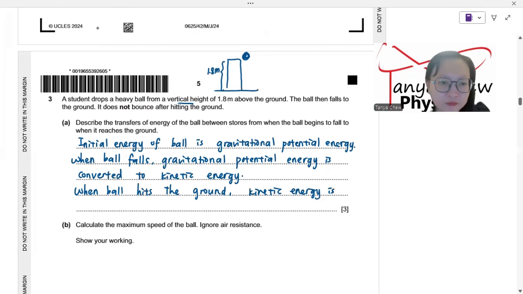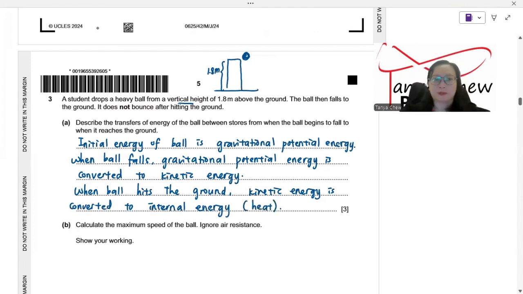Is converted to, I say, internal energy. Or if you don't feel like putting internal energy, you can put it as thermal energy or heat. Because the ball stops when it hits the ground and then it is converted to internal energy of the ball, or the heat or the thermal energy of the ball. So that's the answer.